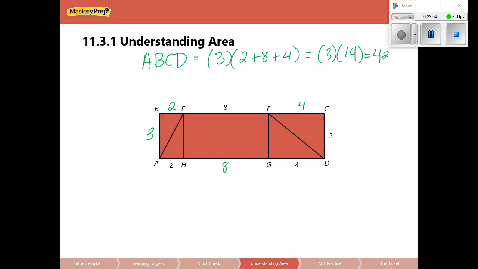Now say we want to find the area of triangle HAE. That would be what? Or 1/2 or over 2. Hopefully y'all can do that one in your head.